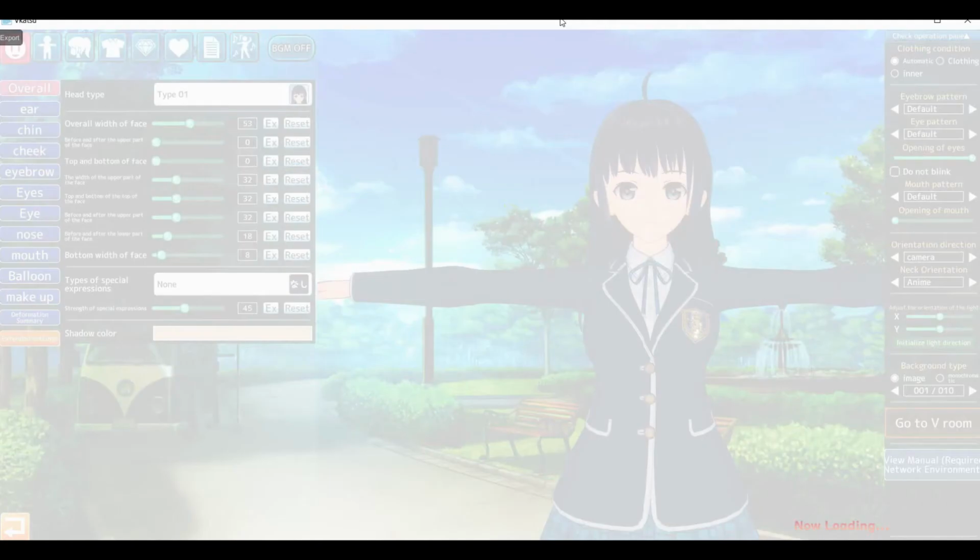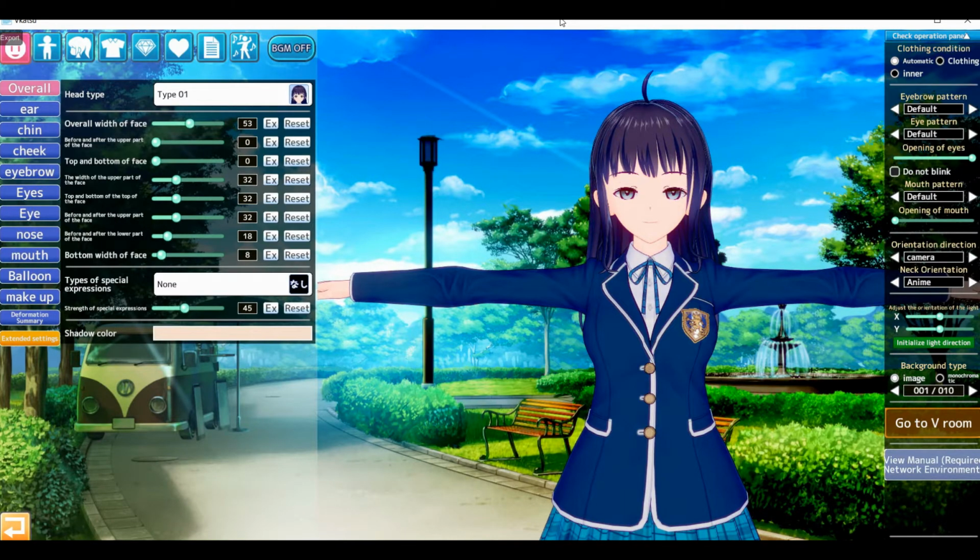Sure, this software has a few other extra things more than Vroid, but still it should be considered whether you like it or not.